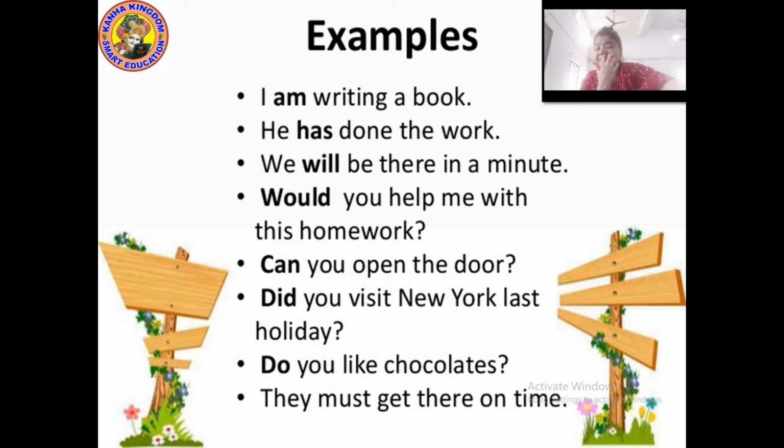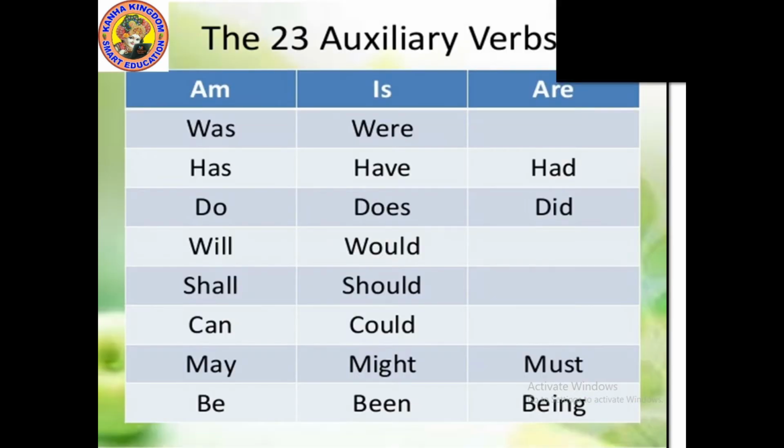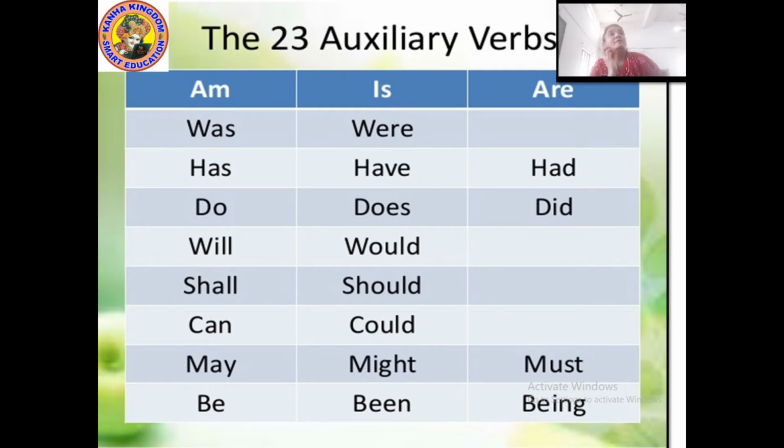So whenever there is an exercise to underline or to add an auxiliary verb, you will immediately know, okay, here I have to add was, were, has, have and such kinds of auxiliary verbs. Before moving to our main auxiliary verbs, that is be, do and have, first we will note down the 23 auxiliary verbs.